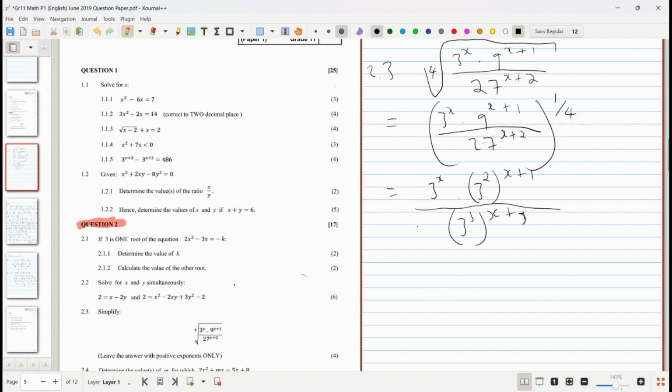Sorry, this is 2. So all we need to do now is to apply the rules for exponents.